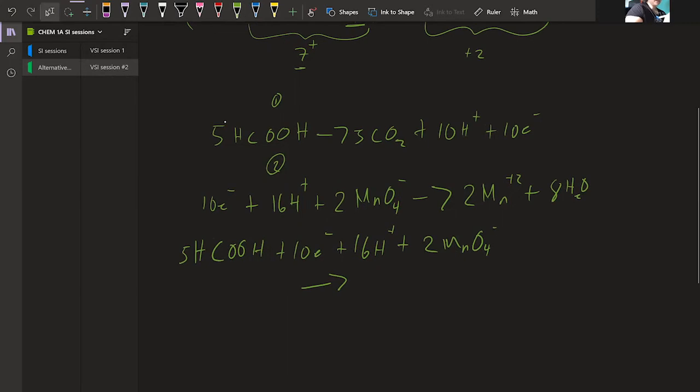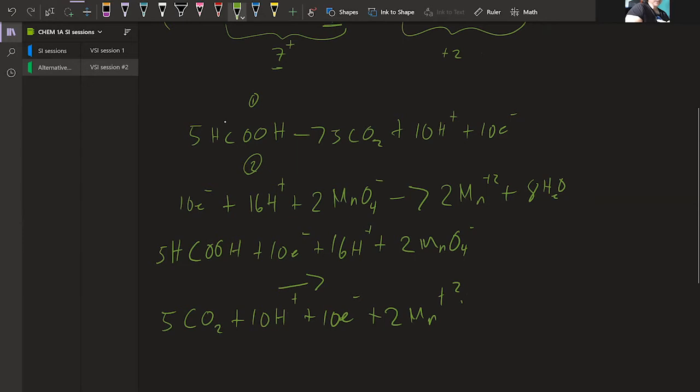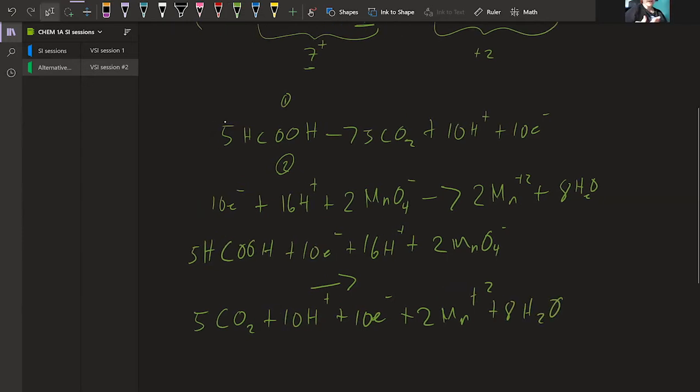And then the product side, I have 5CO2 plus 10H+ plus 10e− plus 2Mn2+ plus 8H2O. So then all I have to do is cancel out the things that are the same.